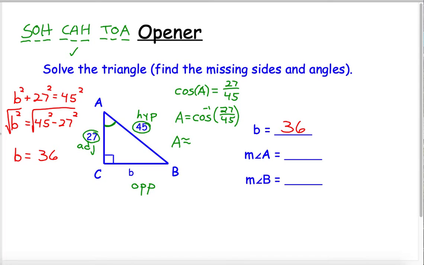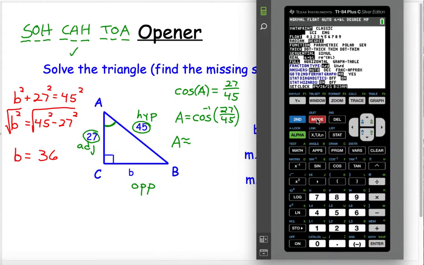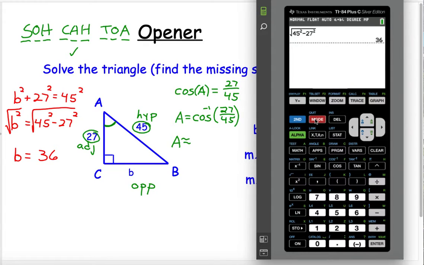We're going to do the inverse cosine of 27 divided by 45. Let's make sure we're in degree mode. Right there, degree mode, good. So I'm going to press second cosine, 27 divided by 45. And we get a little more than 53 degrees. So we'll round it to 2 decimals, to the nearest hundredth, 53.13 degrees.